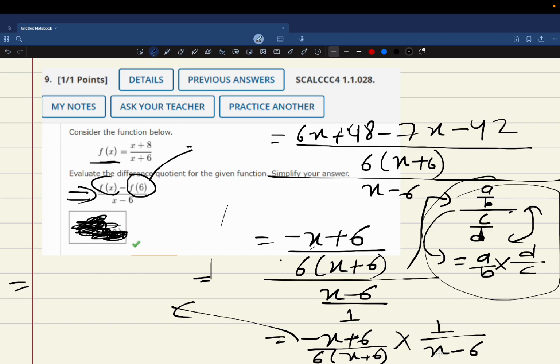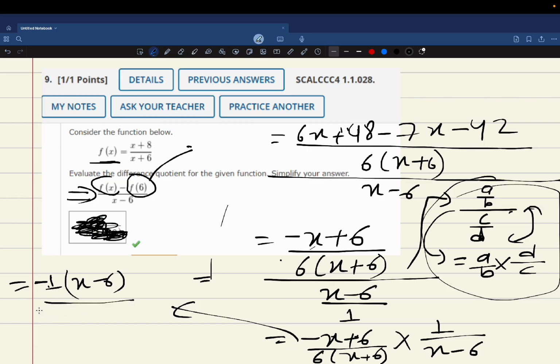So here you can see x minus 6, but here it is minus x plus 6. So let's take minus 1 common, and then it will be x minus 6. And if you try to open it, minus 1 times x is minus x, minus 1 times minus 6 is positive 6. So this and this are the same.